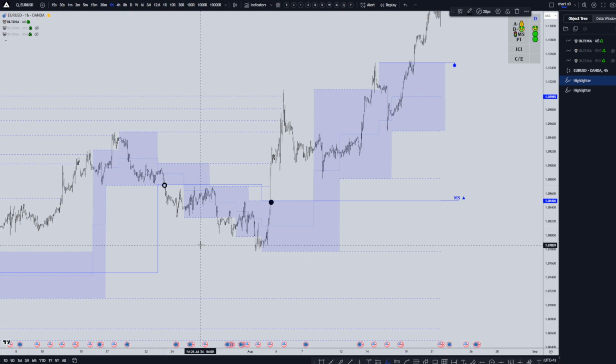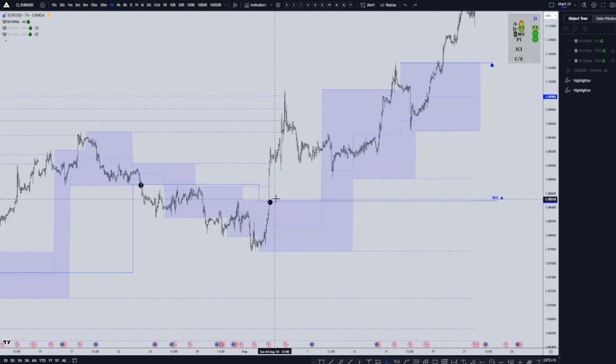Market structure break, and if it's through a breakout, then market structure's job is to establish trend and seek all liquidity. So here market structure established a break, established a bullish break, a bullish trend condition.